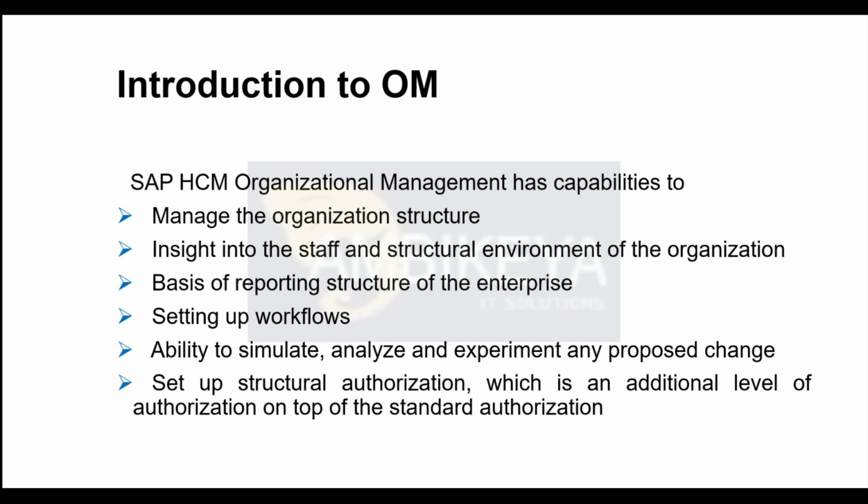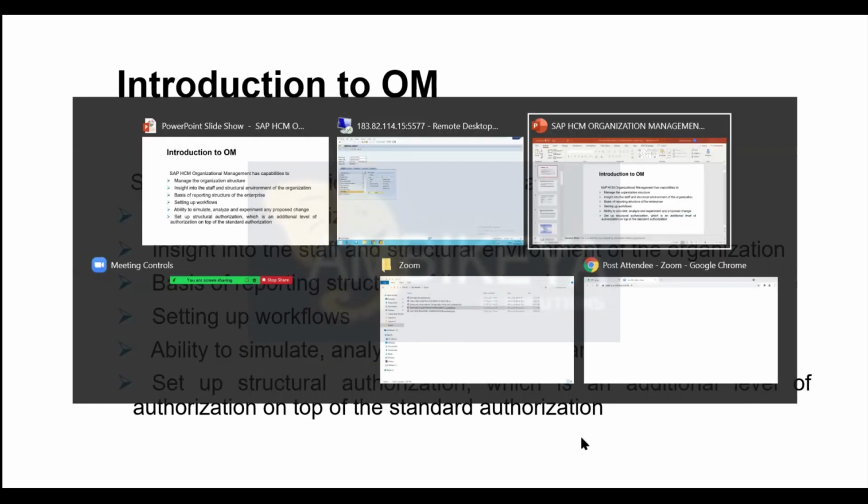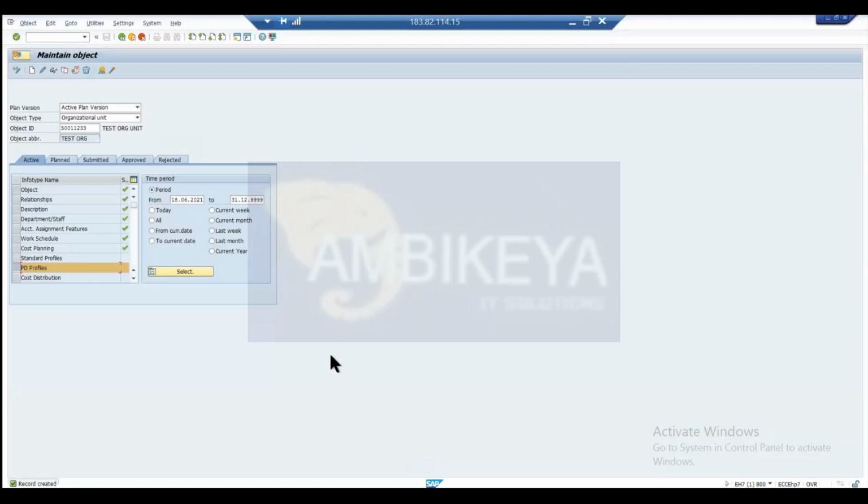But I can give you access based on your reporting structure, that you have authorization to me and Aditi. That is done through these info types: standard profile and PD profile. PD is personnel development profile. This we don't touch. This is a different module called SAP Security.